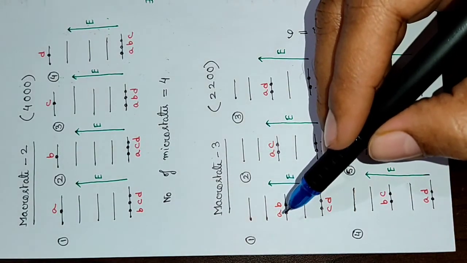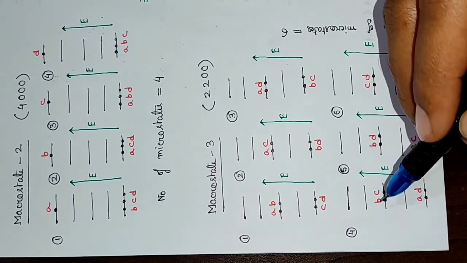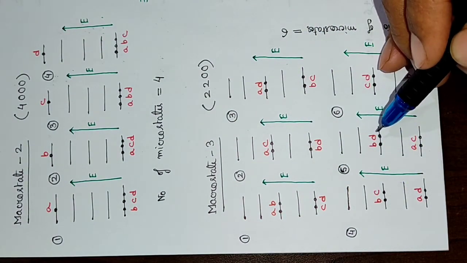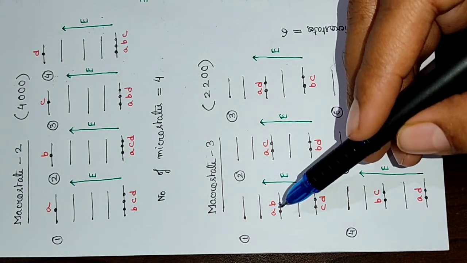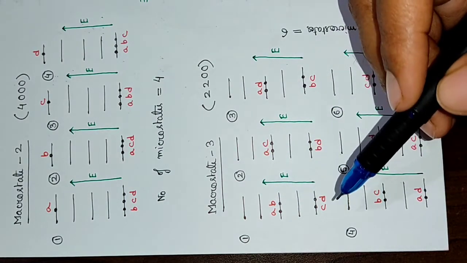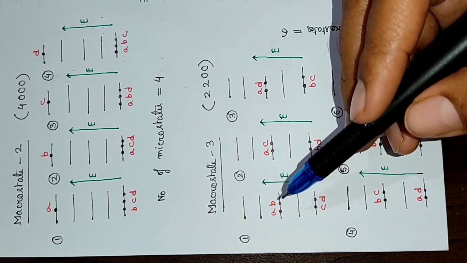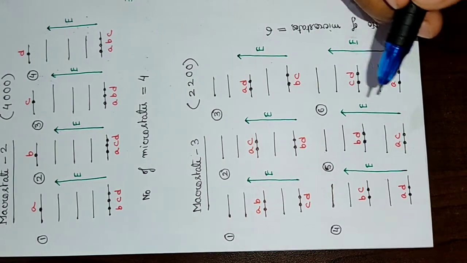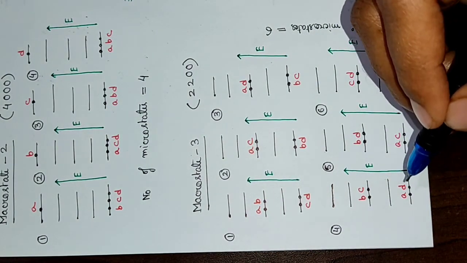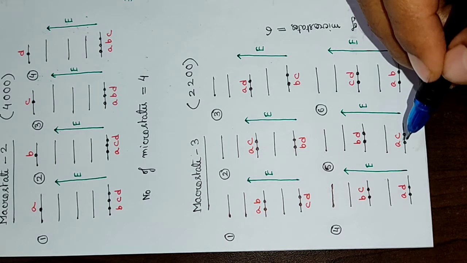Next we will switch to B. So we write here BC and BD. But we will not write BA because it has been considered here and the internal arrangement is ignored since it is irrelevant.